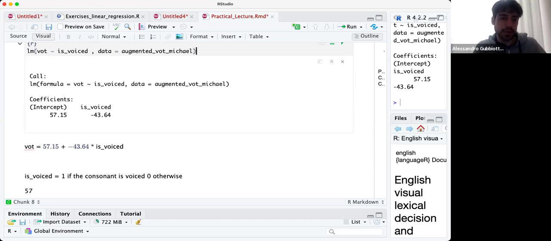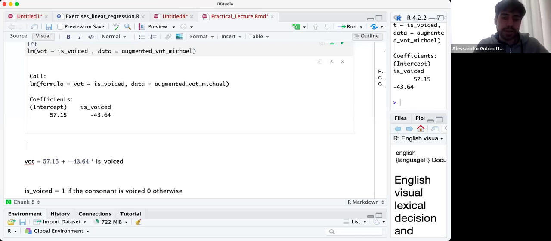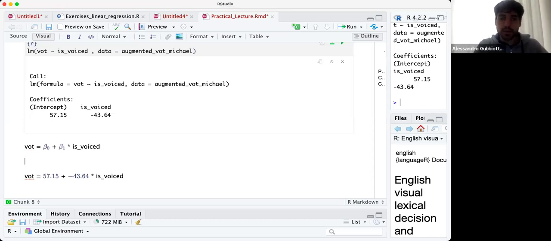So we have made this assumption that the vocal onset time is equal to a number beta 0 plus beta 1 times this variable is voiced, which can be either 0 or 1, because we are trying to predict the vocal onset time using the fact whether the consonant is voiced or voiceless.